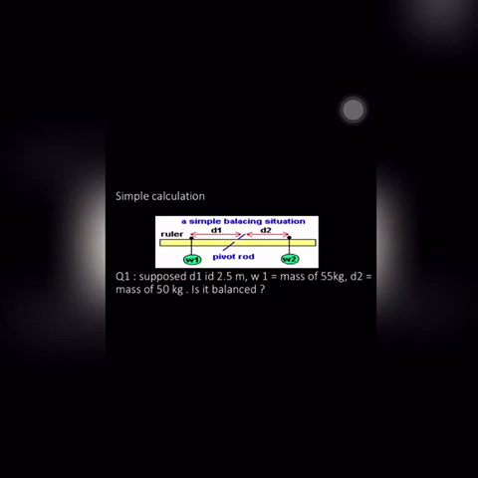Question 1. Suppose distance 1 is 2.5 meter, weight 1 equals the mass of 55 kilogram. Distance 2 equals the mass of 50 kilogram. Is it balanced?